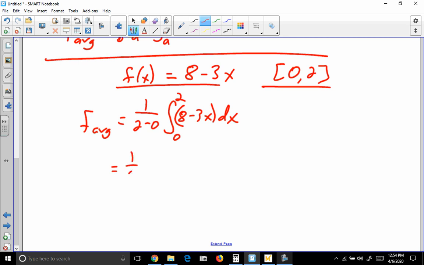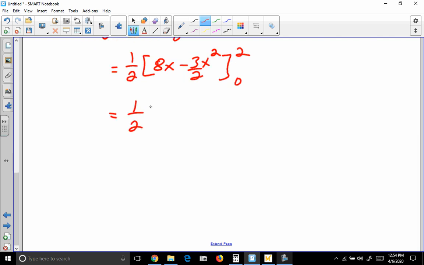So that's going to be 1/2 times, when we integrate that function, when we integrate the constant, we pick up a variable. 3 is a coefficient, and when we integrate x to the first, we make our exponent 1 bigger, and we divide by that exponent, and then we evaluate that from 0 to 2.